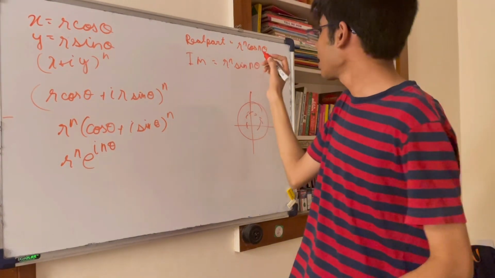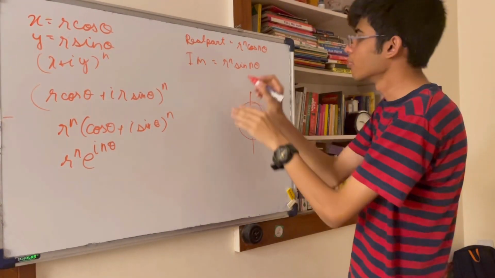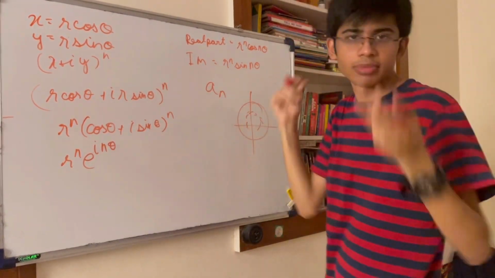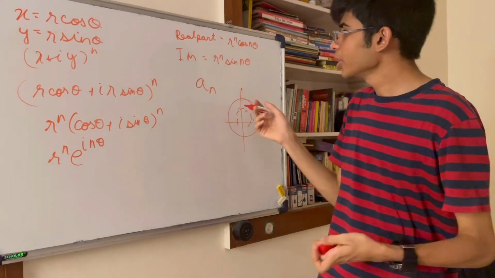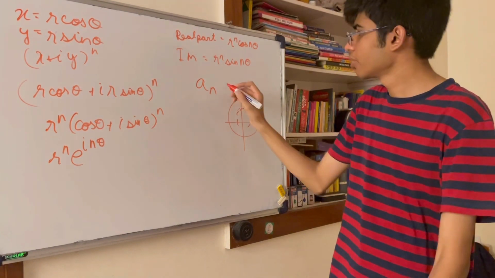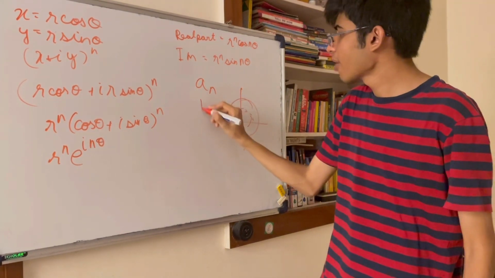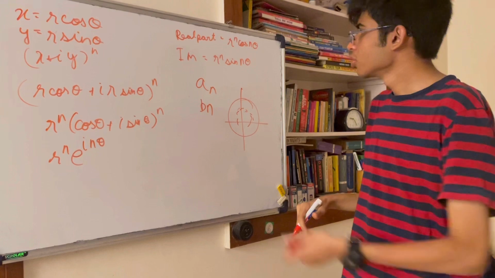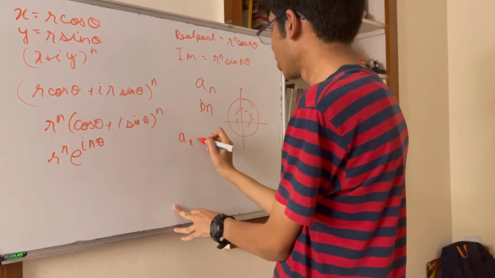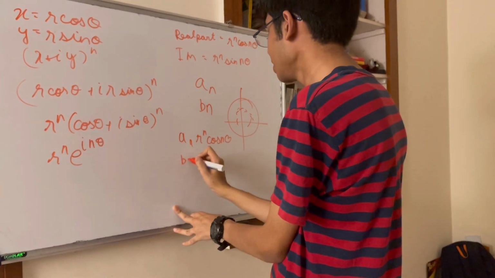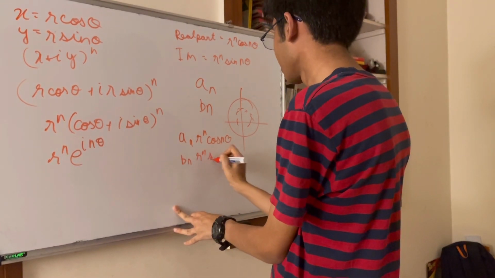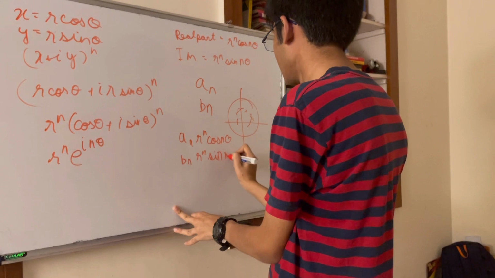So let's take a_n as the multiplying factor, and we have one more multiplying factor b_n. So a_n will multiply with r^n cos n theta, and b_n will multiply with r^n sin n theta.